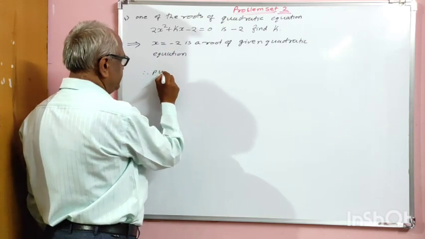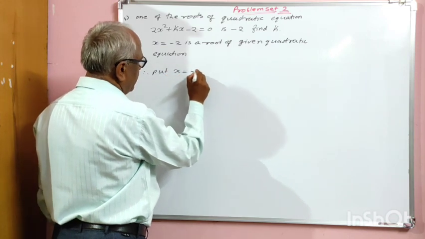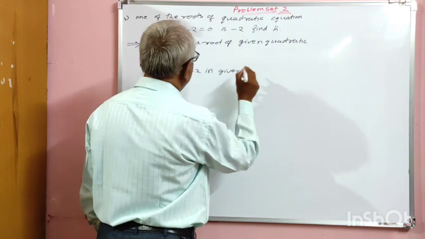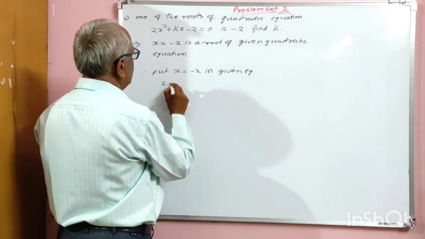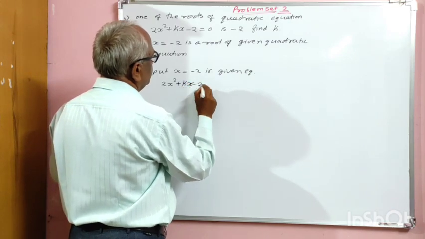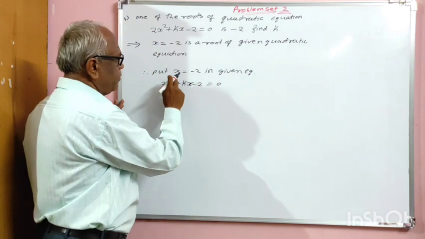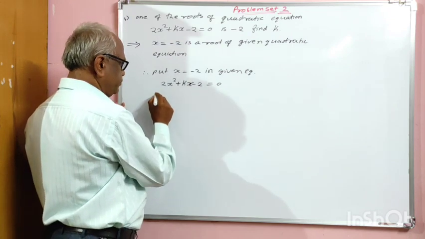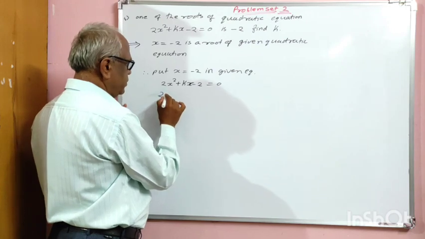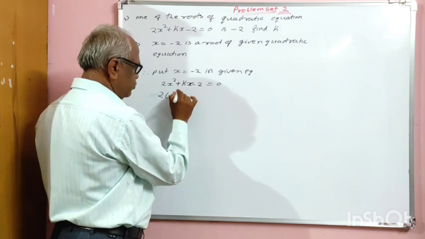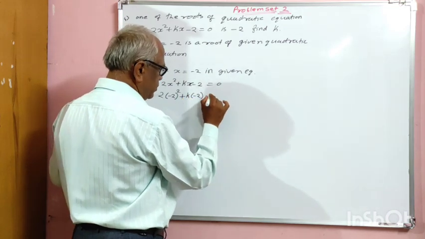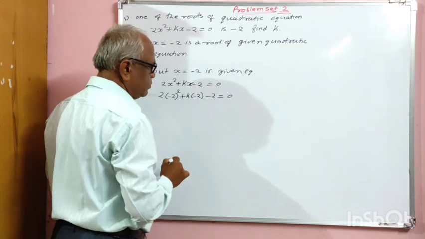Therefore, put x is equal to minus 2 in the given equation, 2x square plus kx minus 2 is equal to 0. So 2 into (minus 2) square plus k into (minus 2) minus 2 is equal to 0.